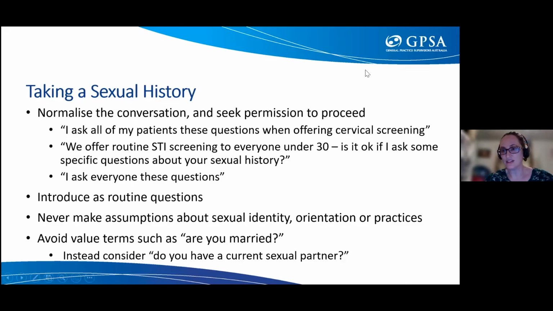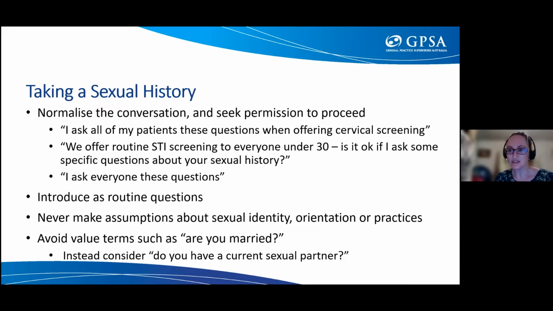A lot of registrars, particularly when they're in term one, coming to their first general practice term, particularly if they've not done a lot of community-based practice or they've not done an O&G term, it might be the first time that they're actually taking a sexual history when they're working in their first GP term.